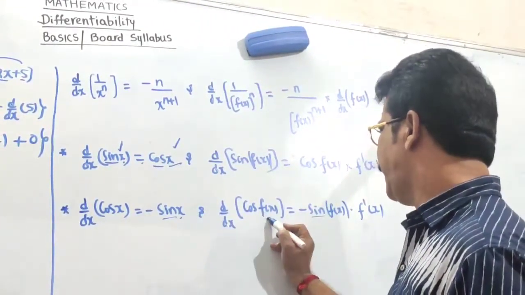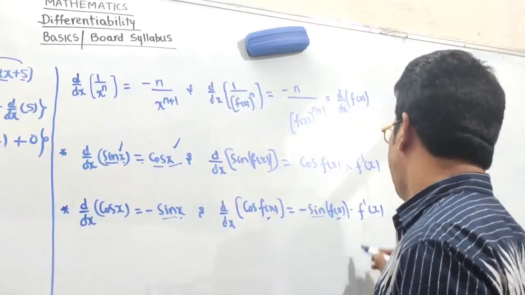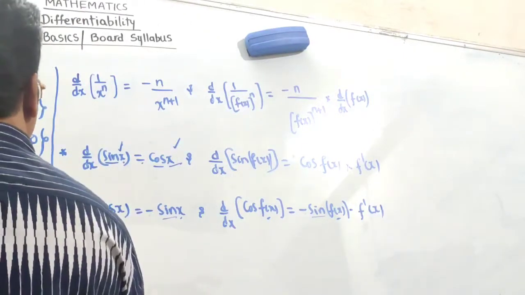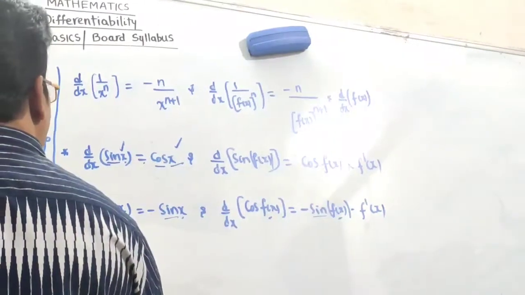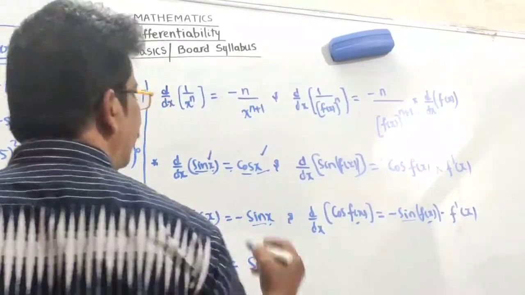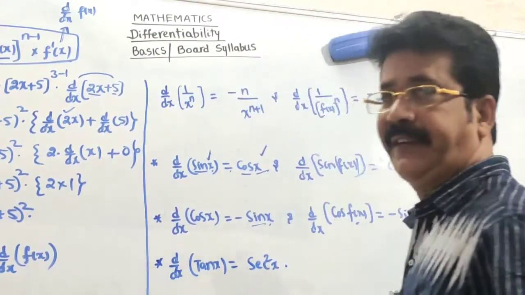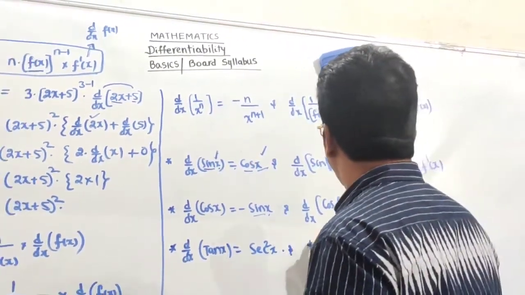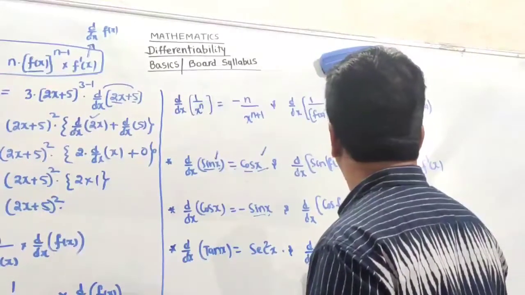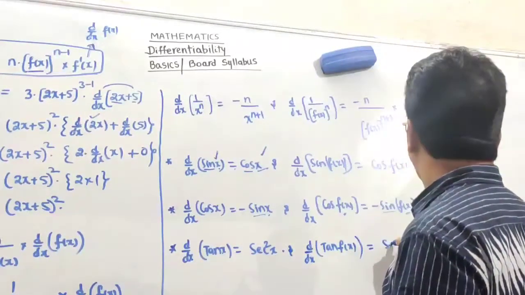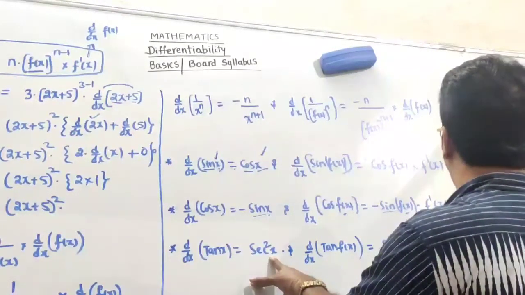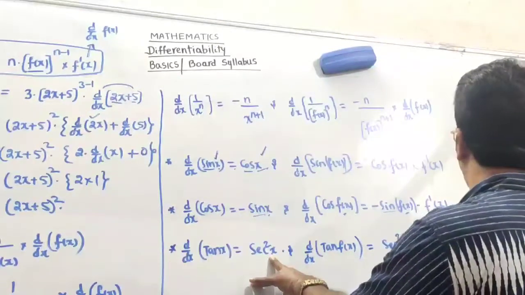Instead of x, we wrote f of x. Similarly, into f dash of x everywhere. So, next, d by dx of tan x equal to secant square x. Tell me, what about d by dx of tan of f of x? Secant square of, instead of x, write f of x into f dash of x.